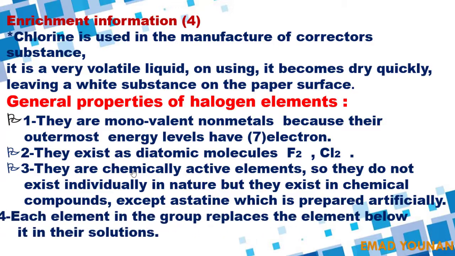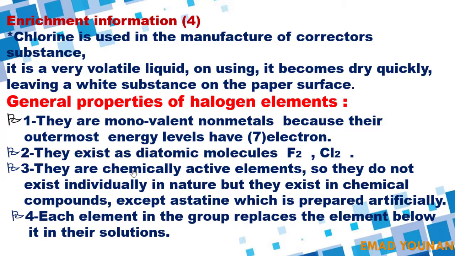Each element in the group replaces the element below it in solution. So fluorine can replace chlorine, chlorine can replace bromine, bromine can replace iodine. The activity of these elements decreases from up to down. Fluorine is the most active non-metal, but iodine is the least active halogen.